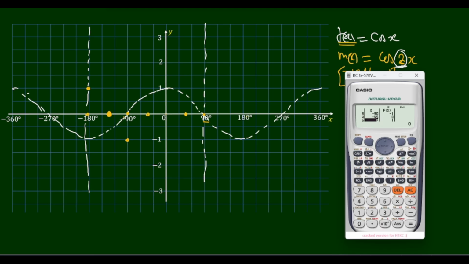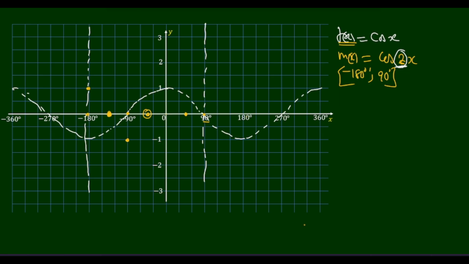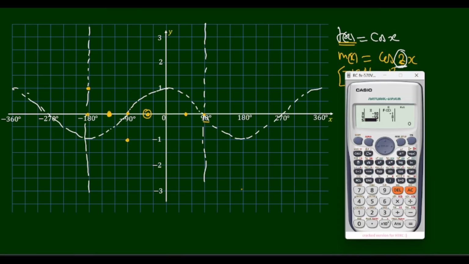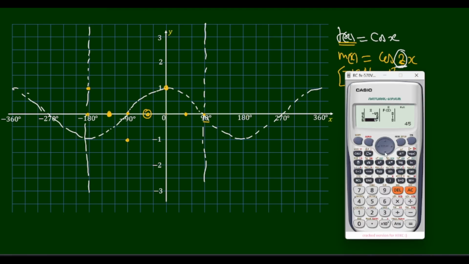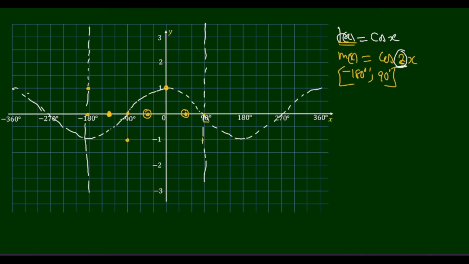Negative 45 is 0. So it's here, 0 there. And then we have 0 is going to be 1, like that. And then 45, where is 45? We have 45, 0, and then 90, negative 1. So 45 is 0, and then 90, negative 1. Then you can sketch your graph like this. See, it becomes very easy to do that.